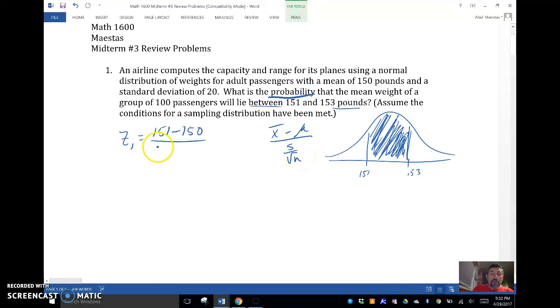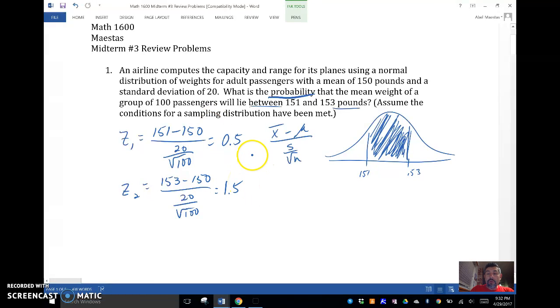Okay, so s is 20 over root 100. And I'm going to go ahead and calculate that, and I believe I get 1/2, so I'm going to say that's 0.5. And I'm going to get the second z, it's 153 minus 150 over 20 over root 100. And that's going to be 1.5.